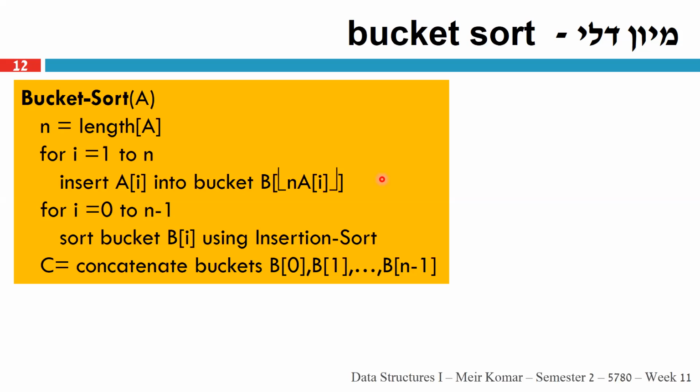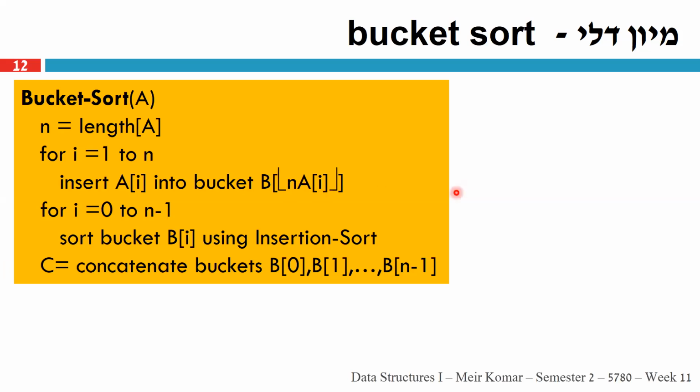Well, if it's a decimal, the buckets are not 0.1 bucket, 0.2 bucket. Excellent. Obviously, the indexes of an array are whole numbers. So we take this number, multiply it by n and take the floor of it.